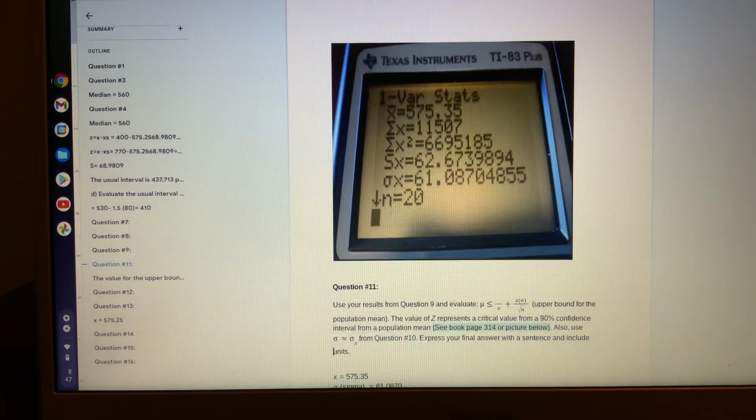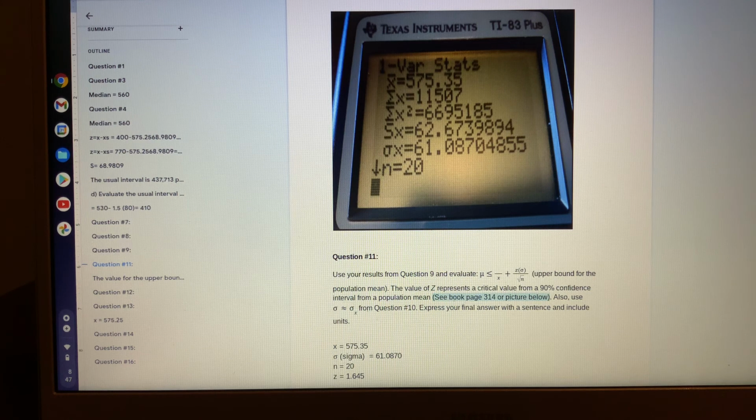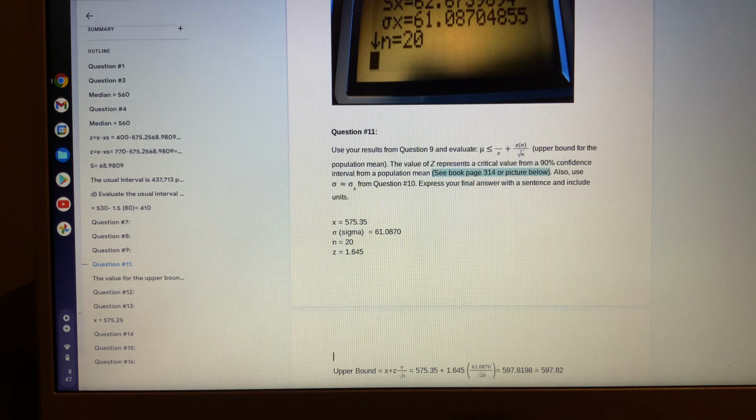For question 11, it is asking me to do the evaluation of the upper bound for the population mean. And it's telling me that the value of z is a critical value from a 90% confidence interval for my population mean. It also told me that I needed to use the sigma that I have already found in question 10, which was 61.0870.